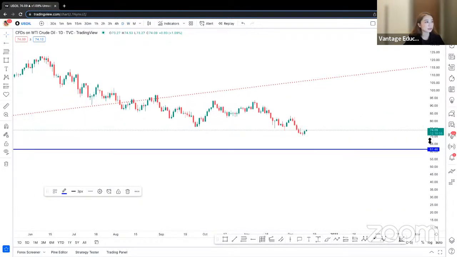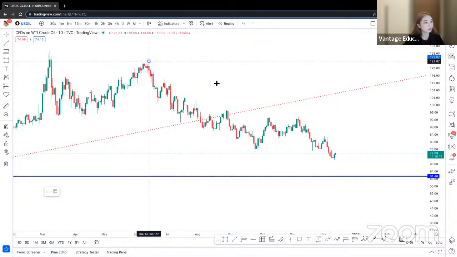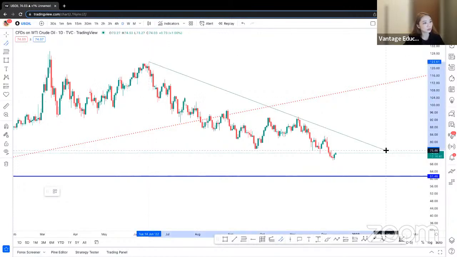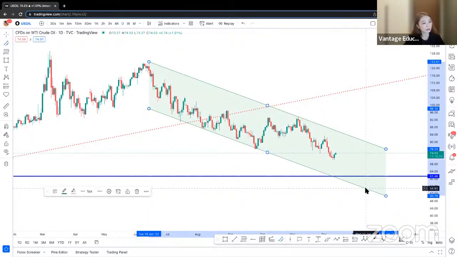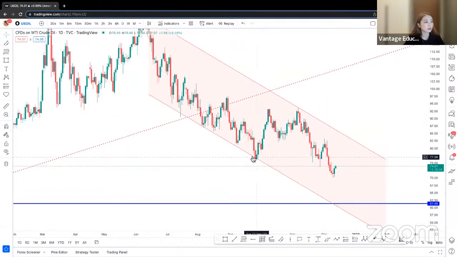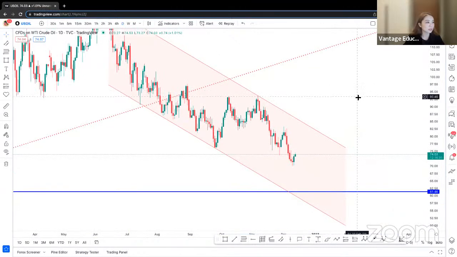All right, so let's look at daily. I believe, yeah, a downward descending channel. You are right. We are looking at a big time frame downward movement. Resistance over here.